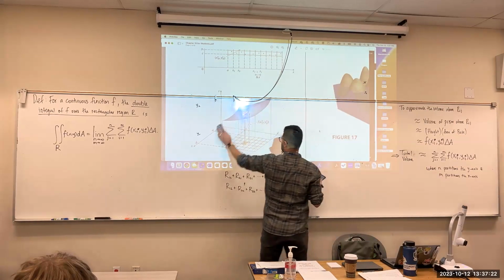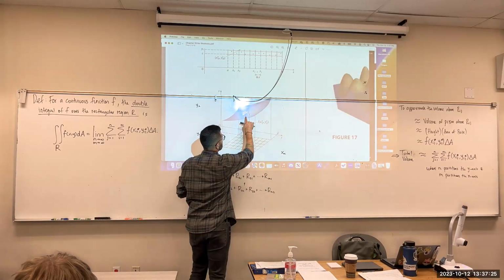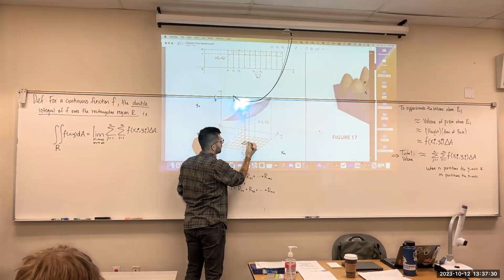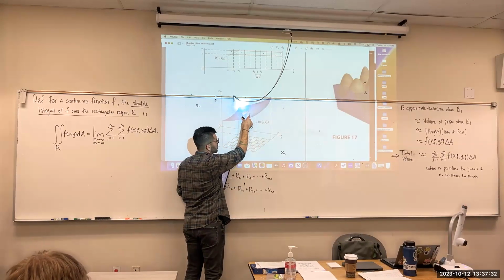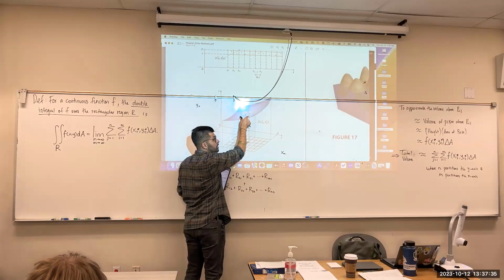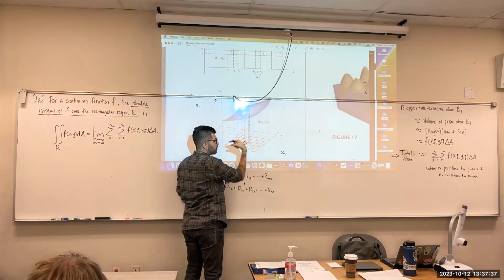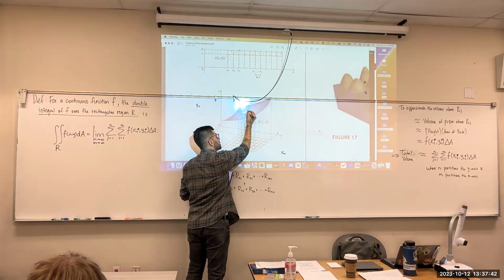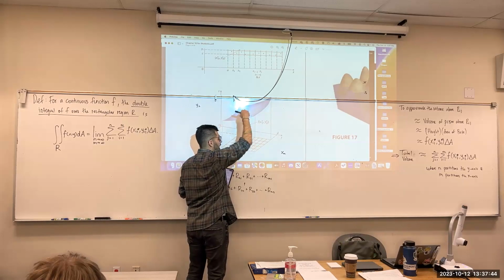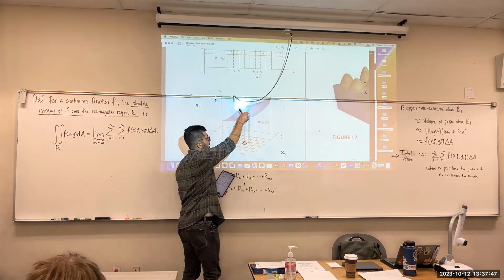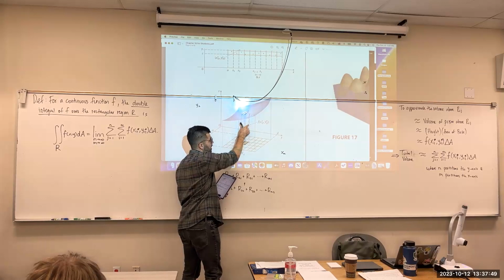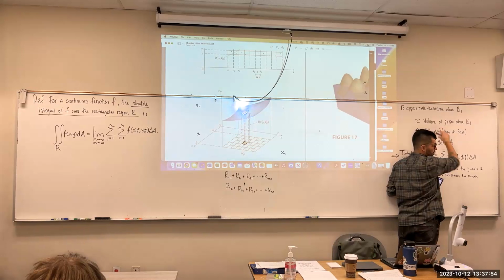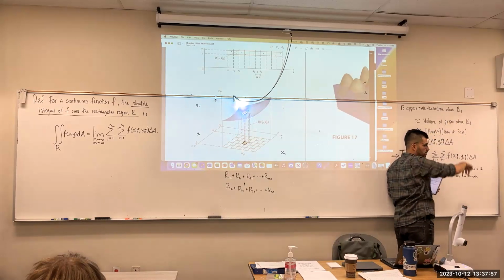So this volume here, under the surface, just above this R here though, is going to be approximated to be the volume of this prism, which is not the same thing as the one on the surface though, because the one on the surface actually has some kind of curvature like this, while the prism's just flat. So that volume of this small space above Rij is approximately the volume of that little long rectangular box. Okay?